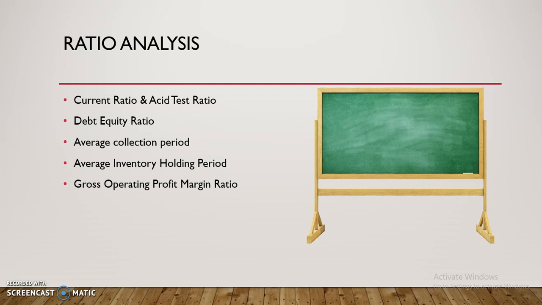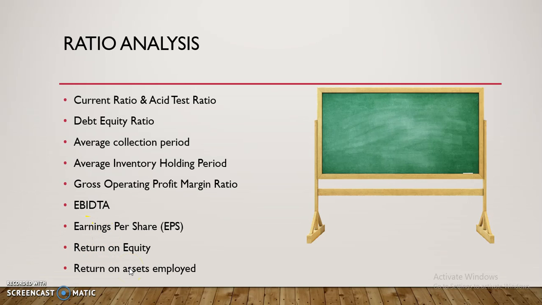Then gross operating profit margin ratio, and EBITDA, and the comparison versus gross operating margin, which is earnings before interest, depreciation, taxes and amortization. Then earnings per share, return on equity, and finally return on assets. So let's look at it now.